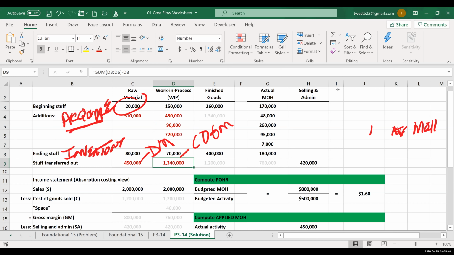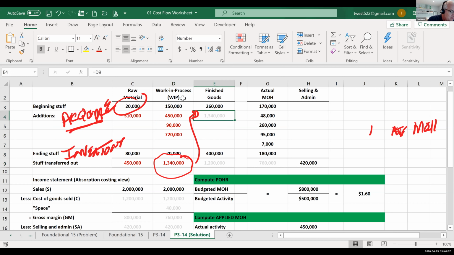So these things do have special names because accountants sit around and think about stuff that they can name because we don't have enough to do. Anyway, you get to swoosh again because what comes out of cost of goods manufactured becomes something that we can now sell. And so that's your 1,340,000.